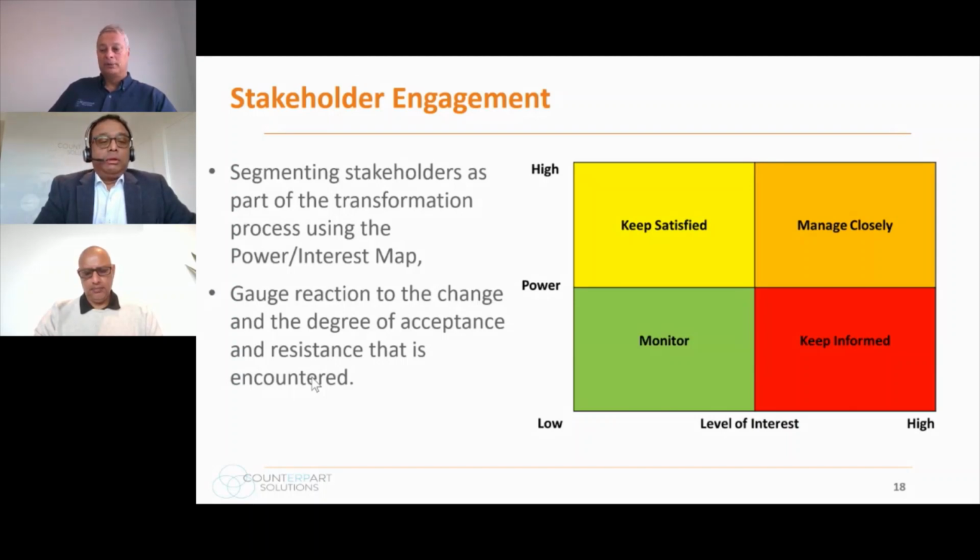So simply put, if we keep things a little bit simple, we have a transformation pyramid of why, what, and how. What we do is we manage messaging to the level of the power interest quadrants, and we have different messaging for people we're managing closely, people that are just monitoring the projects, people that we need to keep satisfied, and people that we need to keep informed.